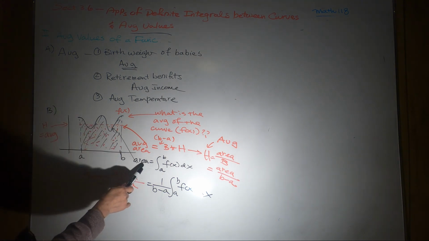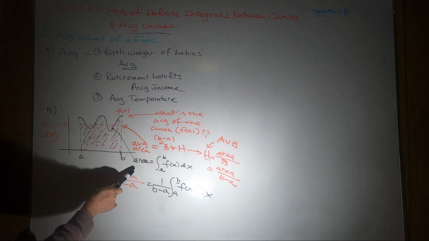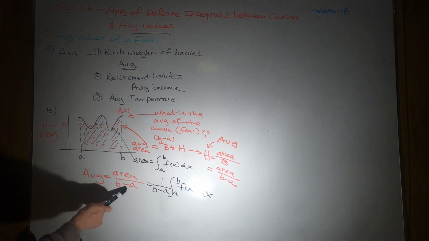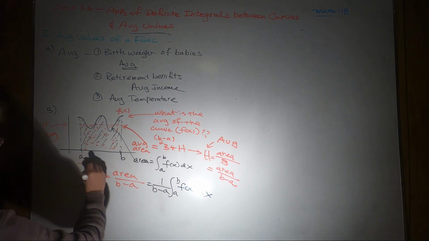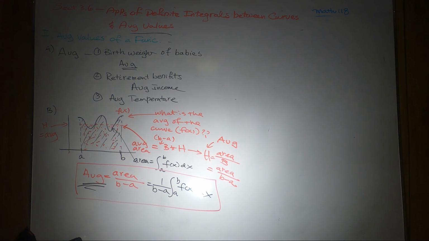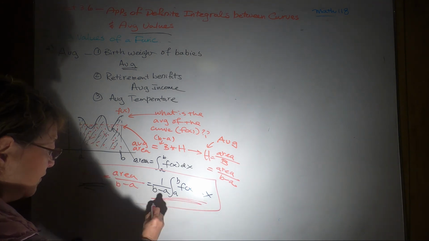Then we use that concept of the area divided by base. It becomes what? Our average. That's how we find the average more accurately with this formula. Okay? So that's your formula for the average.